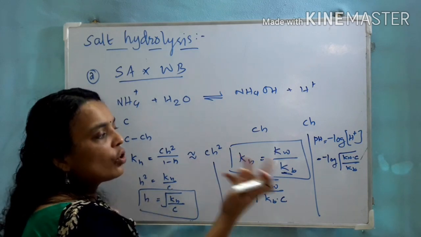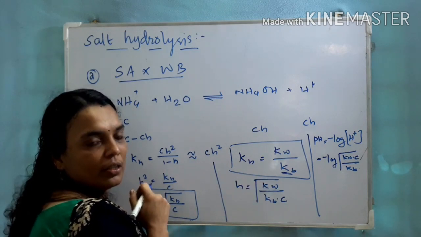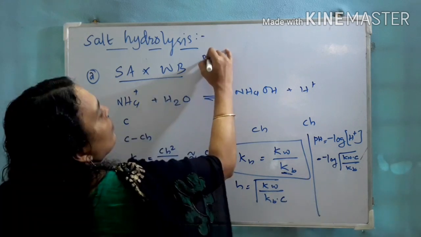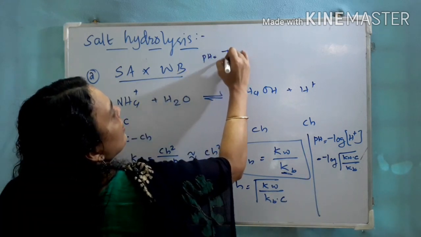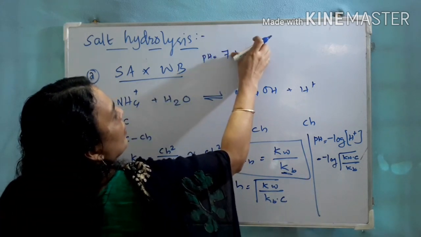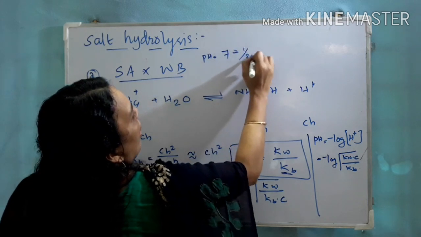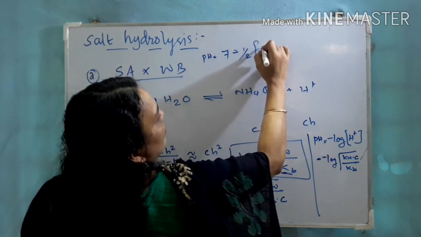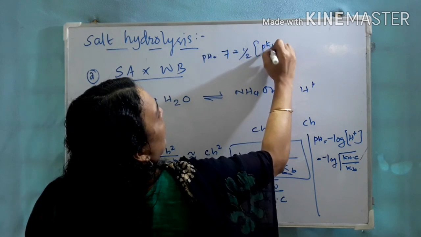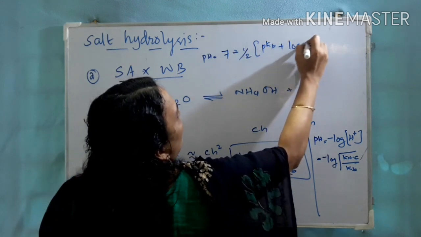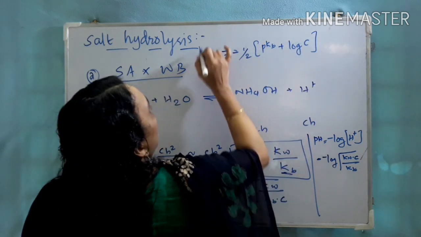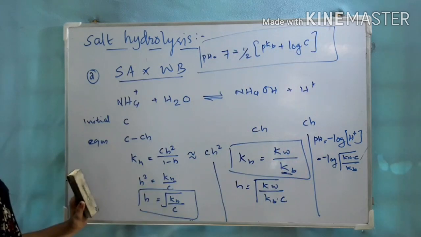Taking log, we have the equation: pH is equal to 7 minus half into pKb plus log C. Equation for strong acid and weak base.